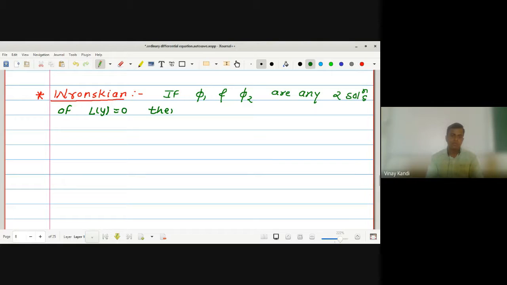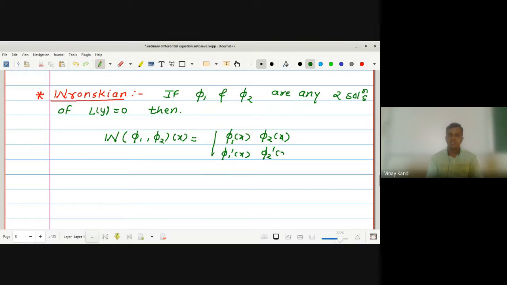Then the Wronskian is written like this, denoted by W of phi 1, phi 2 at point x, which is equal to the determinant of phi 1 of x and phi 2 of x, and phi 1 dash of x and phi 2 dash of x.